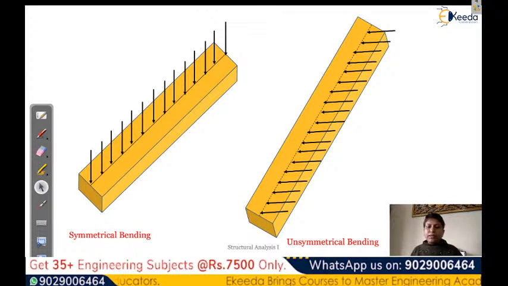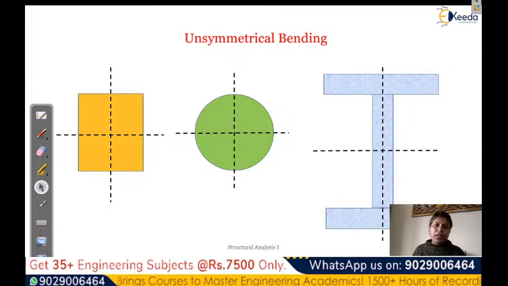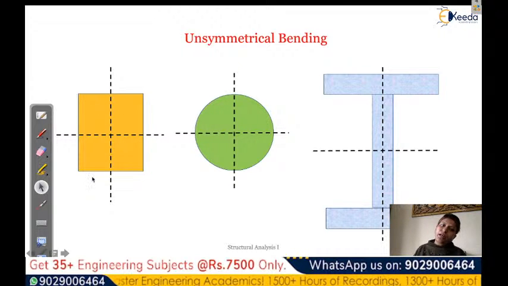Now let's see the other example, where the section is unsymmetrical. The circle and rectangle are symmetrical sections, and even the I section is symmetrical.